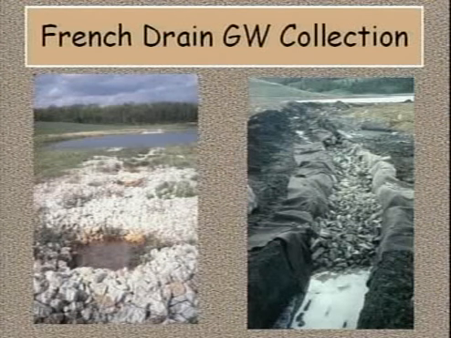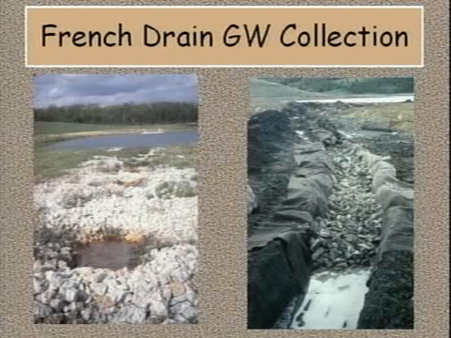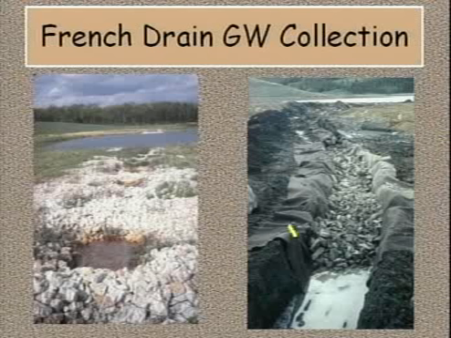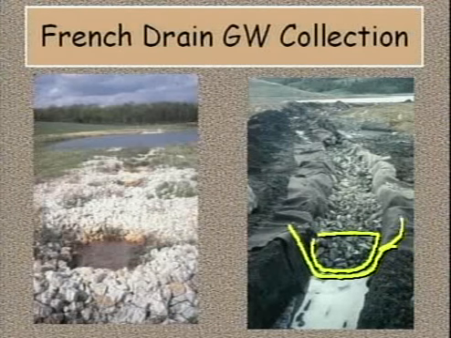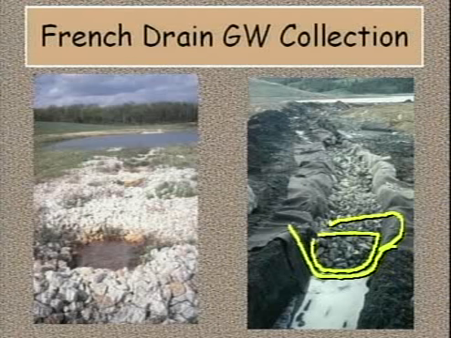So here are two examples of French drains. The one on the right shows the basic construction. We have a ditch. In this case, it's excavated into tailings, and we have a geotextile material placed in the bottom, and then the French drain is backfilled with coarse rock, and then the edges of the geotextile are folded back over, and then the whole drain is covered.